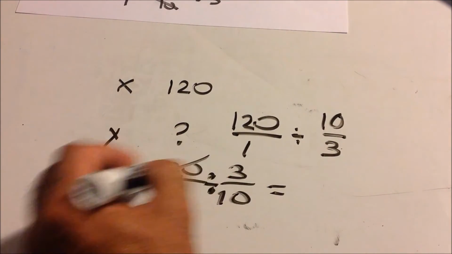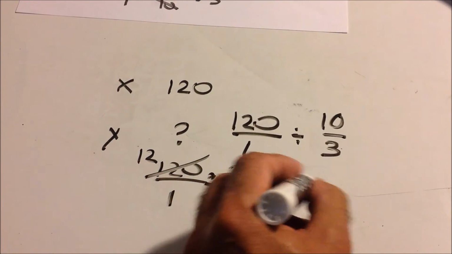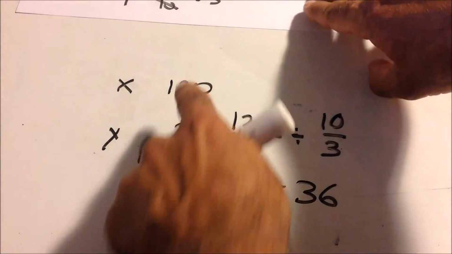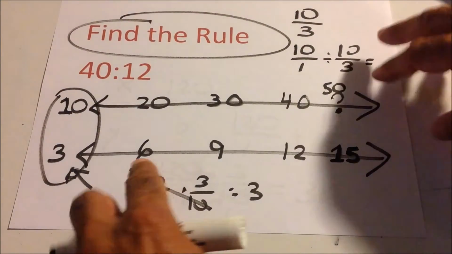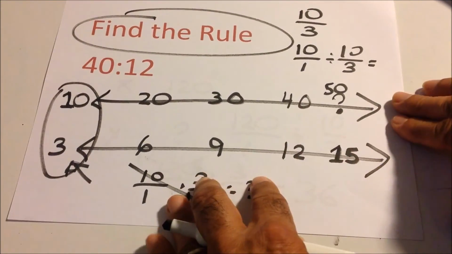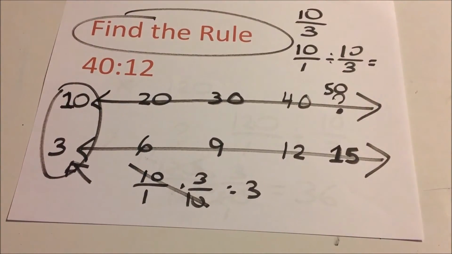So 10 goes into 120 12 times, 10 goes into 10 once, and you're left with 36. So if x is 120, way over here, we know y has to be 36. So, again, when you're looking for the rule, look for the lowest ratio.